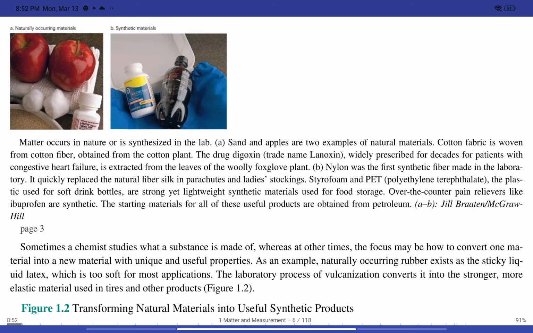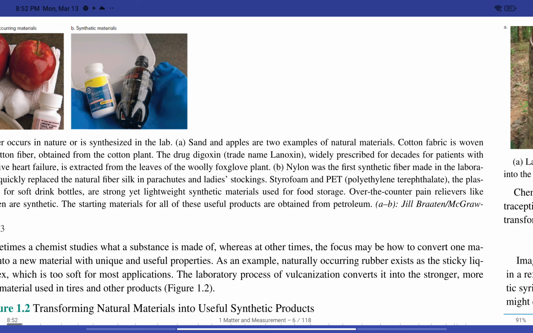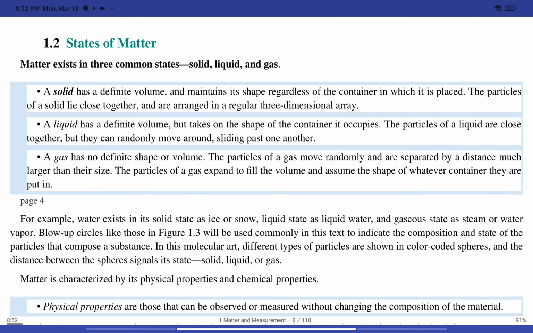So in chemistry, they also mention the three states of matter. Solid has a definite volume and maintains its shape regardless of the container in which it is placed. The particles of a solid lie closely together and are arranged in a regular three-dimensional array.